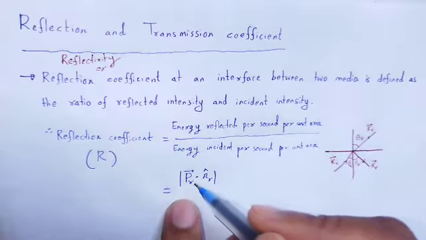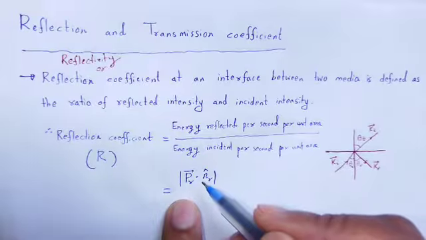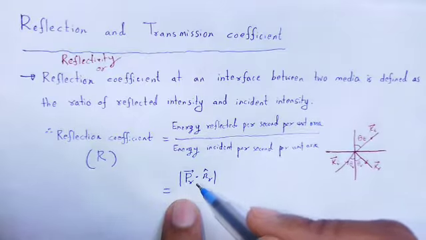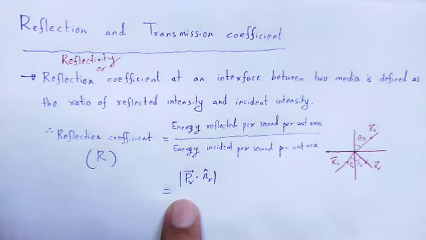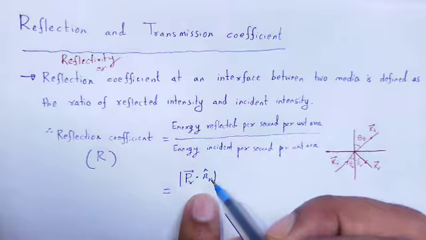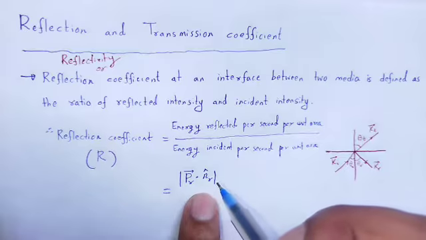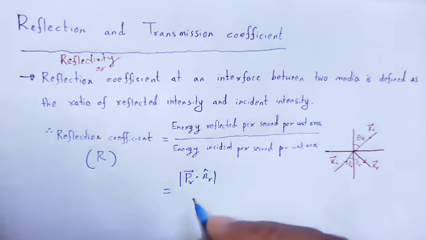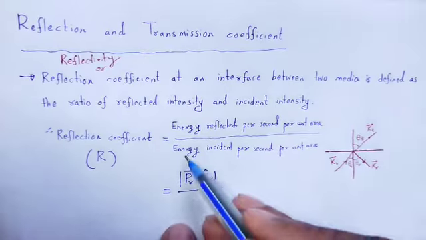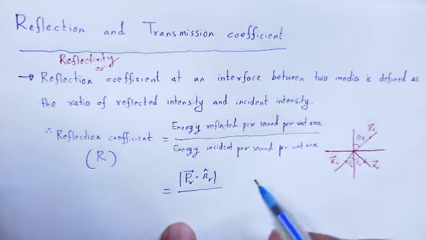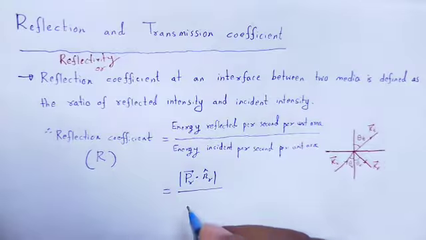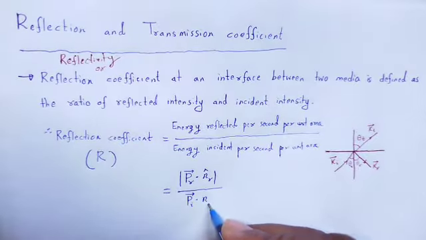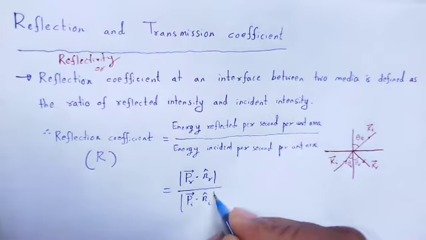What is P r vector? P r vector is the Poynting vector for the reflected wave at that interface, and n r cap is the unit vector along the direction of energy flow in the reflected ray, divided by energy incident per second per unit area, again in Poynting vector form, P I vector dot n I cap.